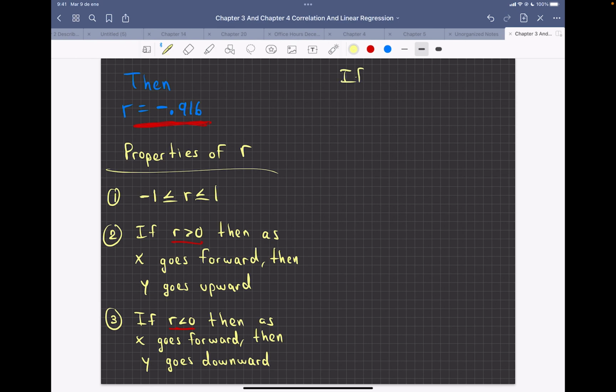What happens if R is equal to 0? It might indicate no linear relationship or a constant relationship.